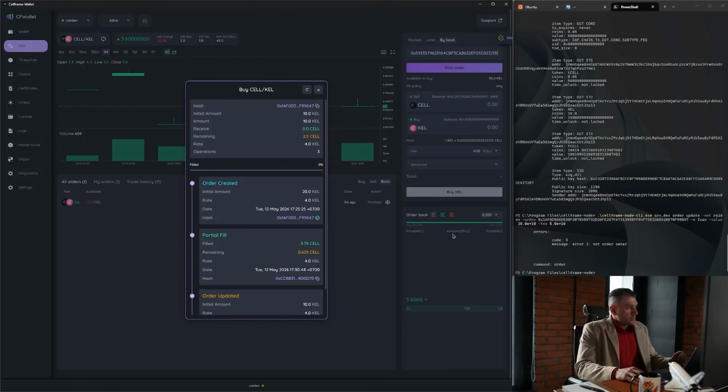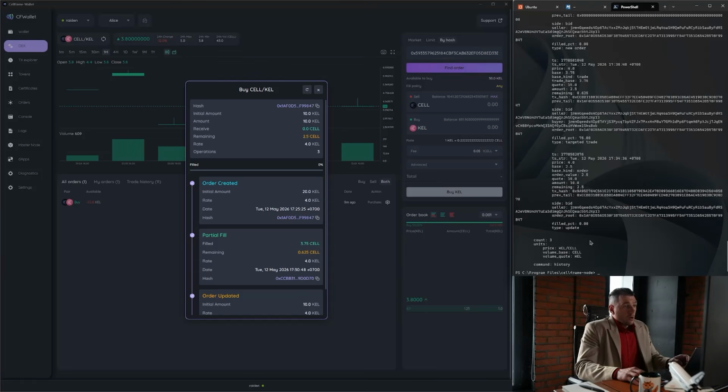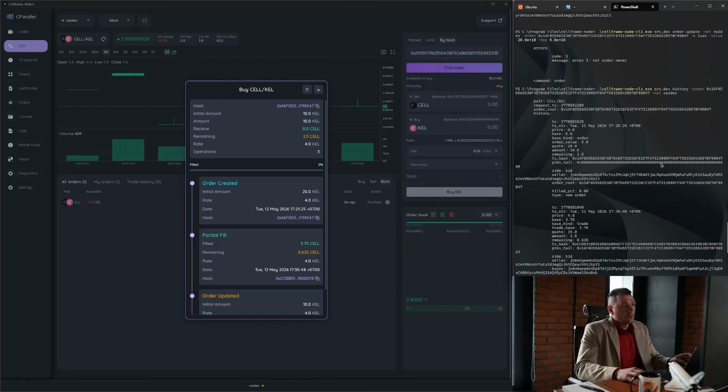And if we dump this order with Cellframe DEX history command, we will see all those operations as well, aggregated to a readable form.